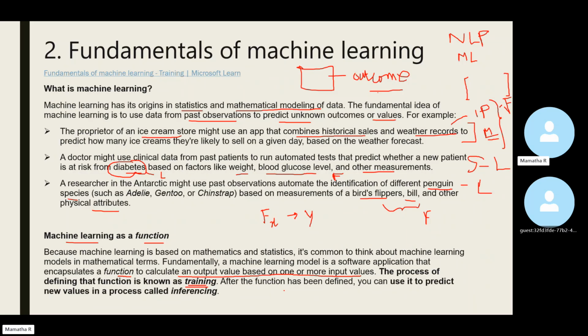After we define the function, we'll use it to predict new values. Whatever values we give, how exactly it should behave, we set that, and that is training a model. Once we train a model, we run that particular model. Say tomorrow I want to get the weather condition.